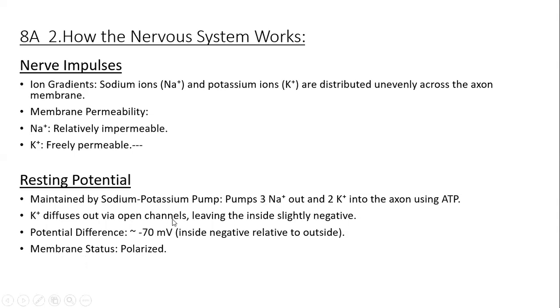Outside of the neuron is positive. So that means it is an unequal distribution of the ions. So in that case, we call it polarized, right? Because inside it is negative, outside it is positive. So there is an unequal distribution of the ions. So the membrane is polarized. Membrane status, that is polarized.